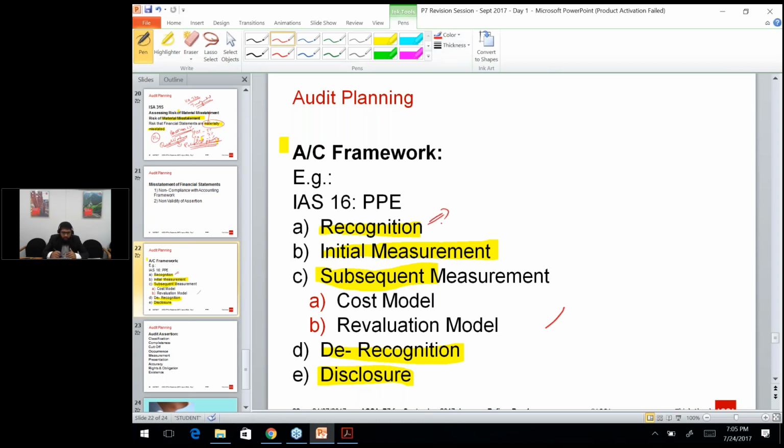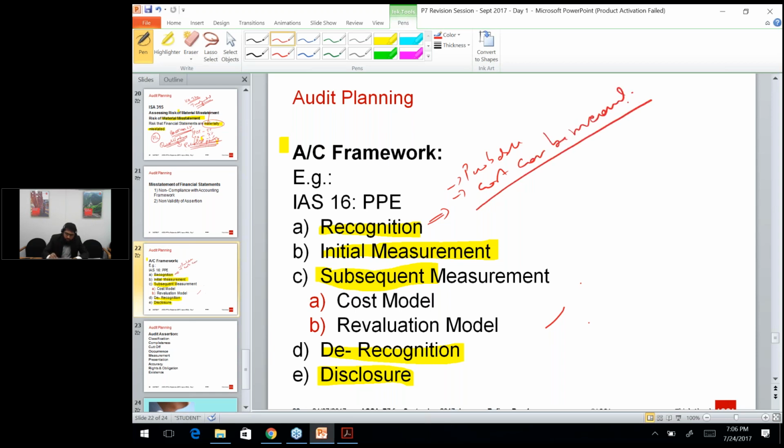Now, how would we not comply with the accounting framework? Number one, IAS 16 says property, plant, equipment will be recognized when it is probable that future economic benefits will flow to the entity, and at the same time the cost can be measured reliably.